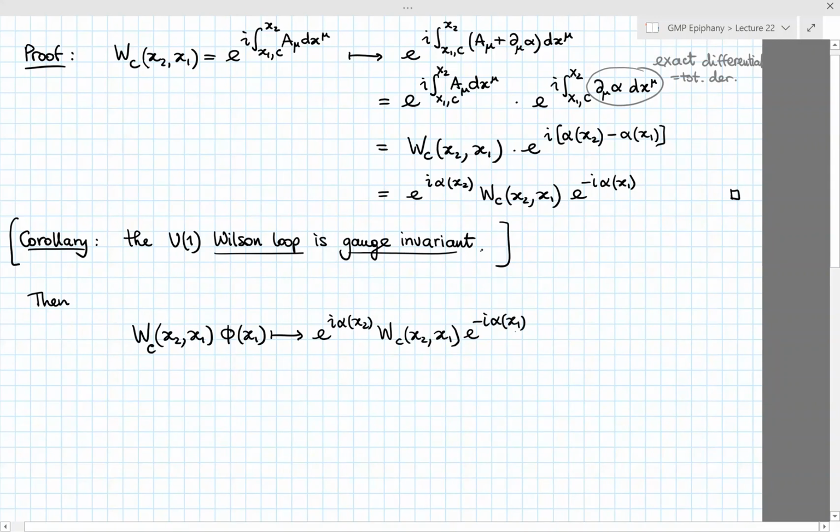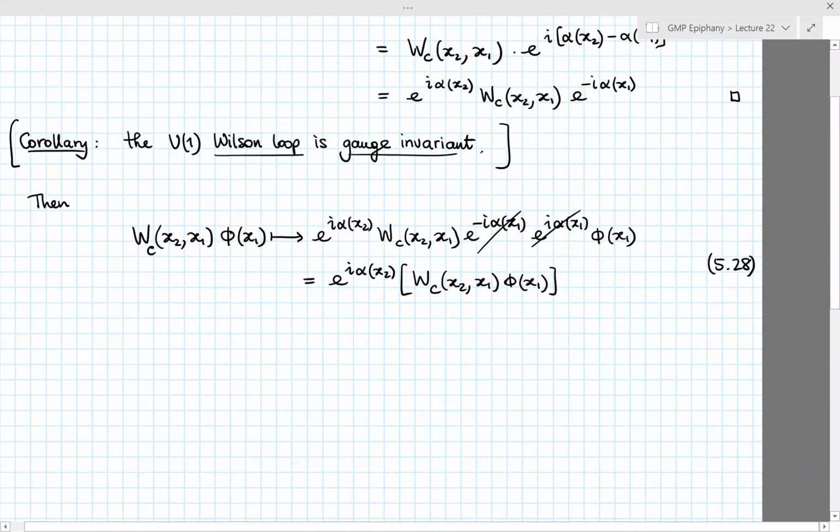And then phi(x1) transforms into e^(i alpha(x1)) times phi(x1). And so we see that we can cancel out two exponentials, and this is equal to e^(i alpha(x2)) times the original expression, the Wilson line from x1 to x2 times the field at x1.